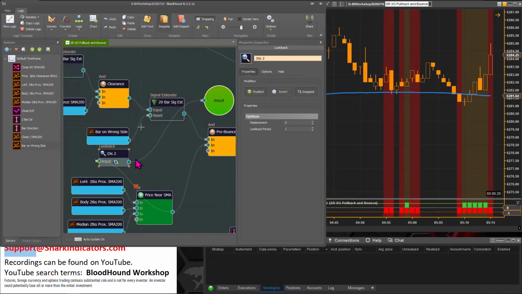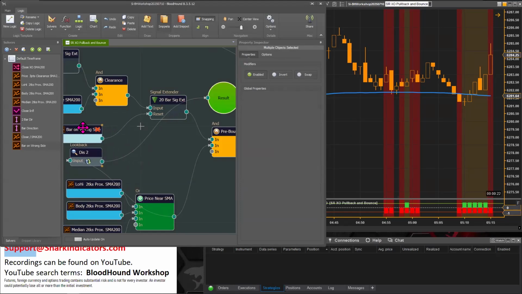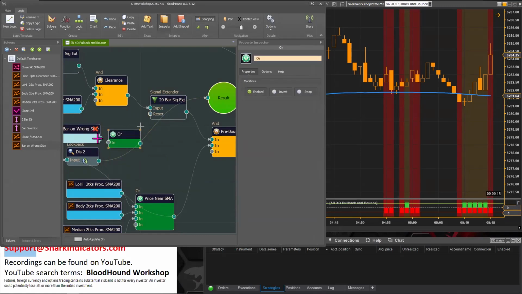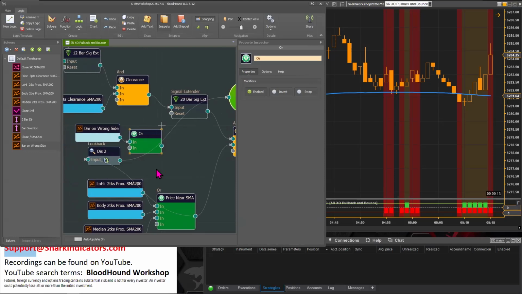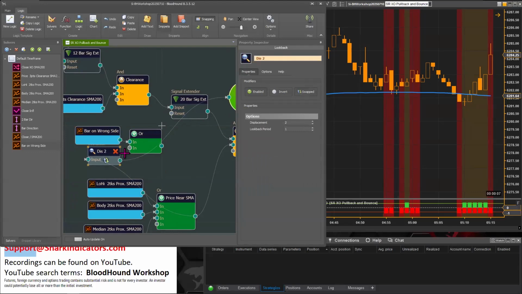So now we need to connect both of these nodes into the reset, but obviously there's only one connection point. So what we'll need to do is grab an OR node, so it can be either this node or this node that does the resetting.